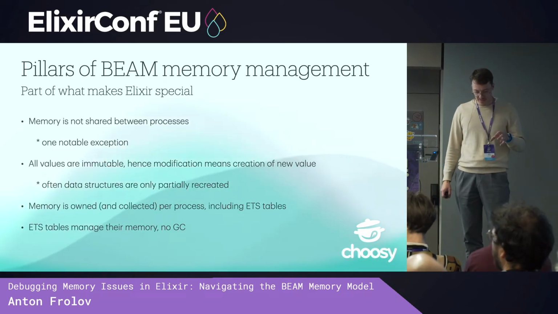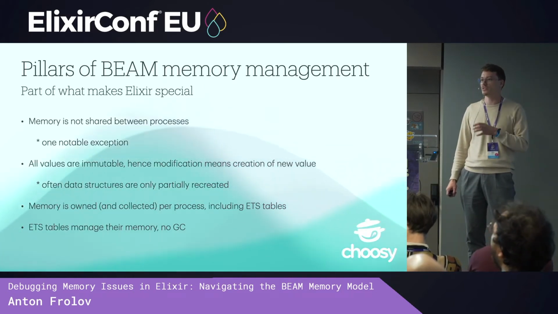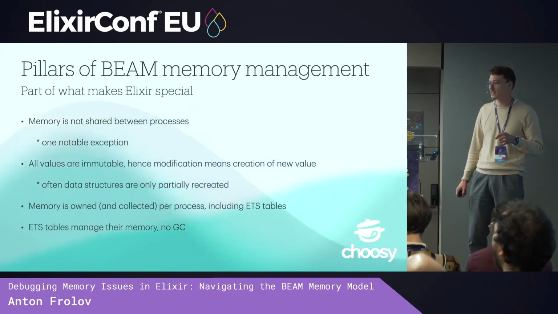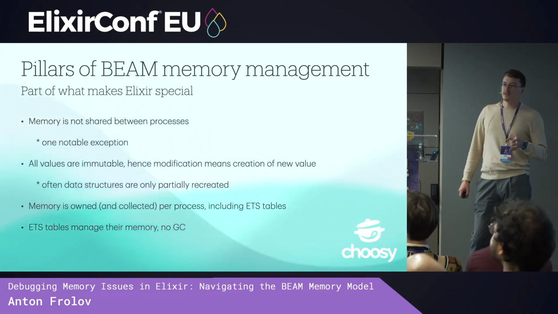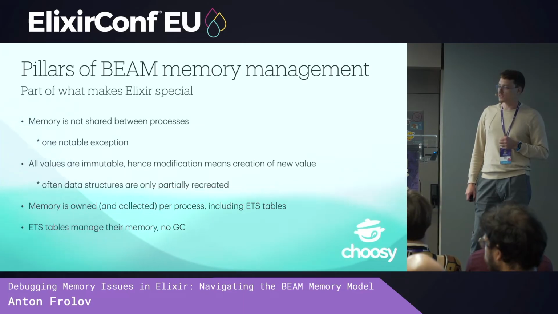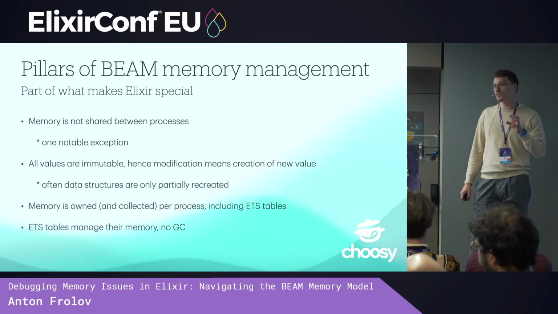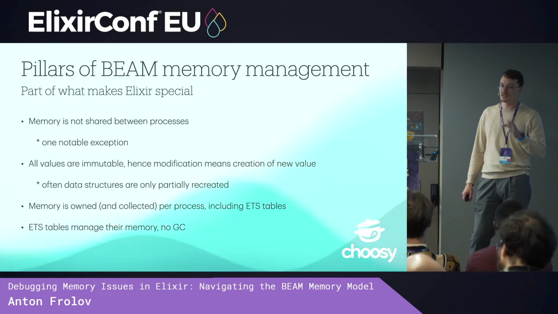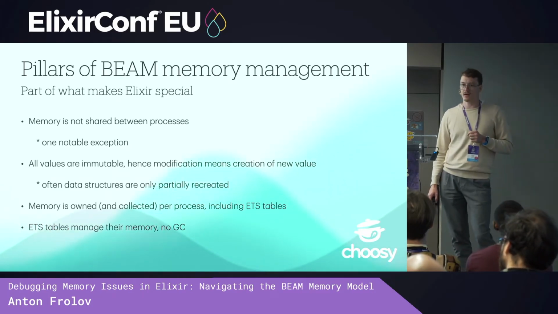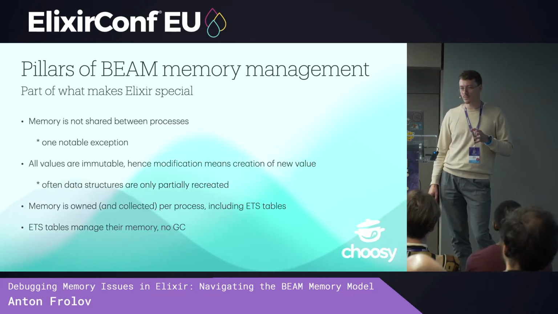The first thing you probably all know: memory is not shared between Elixir processes, and all values are immutable, as this is a functional language, and hence if you do some modification, you just create a new value. It is optimized somewhat, but in general, this is how it works.